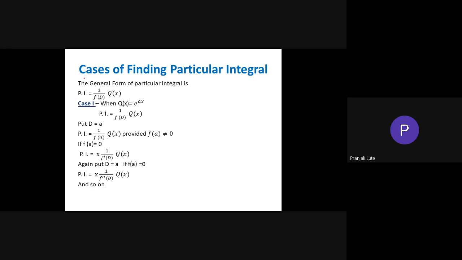There are some other cases of finding the particular integral. So today only we see two cases, case number 1 and case number 2, of finding the particular integral.